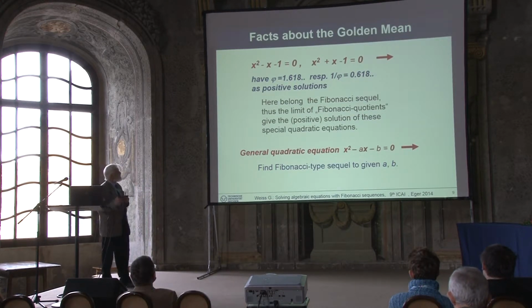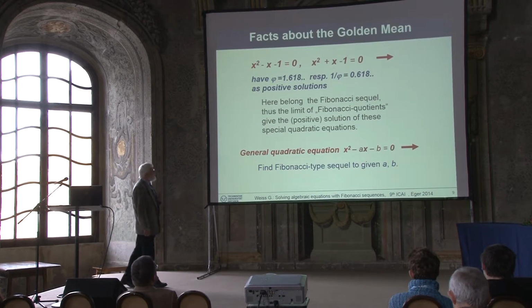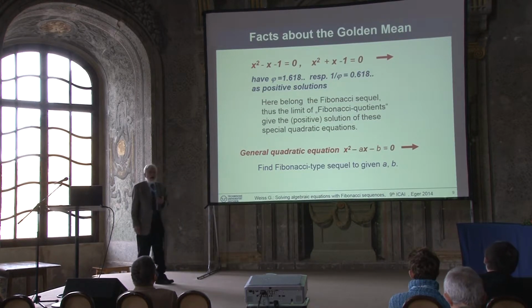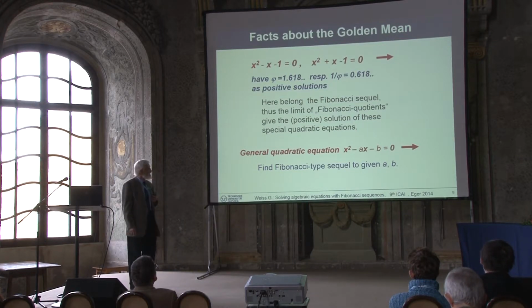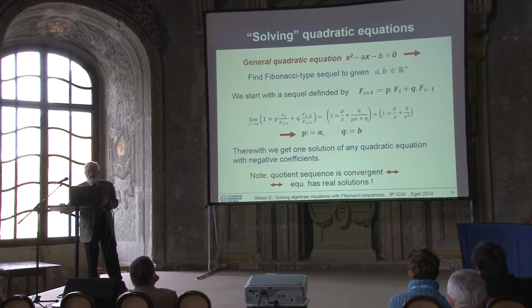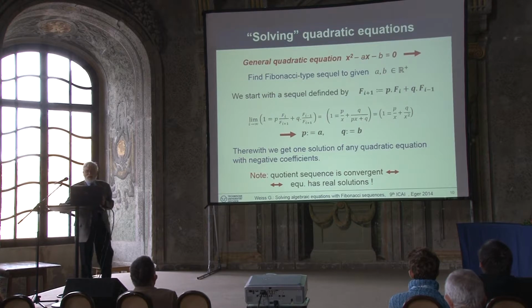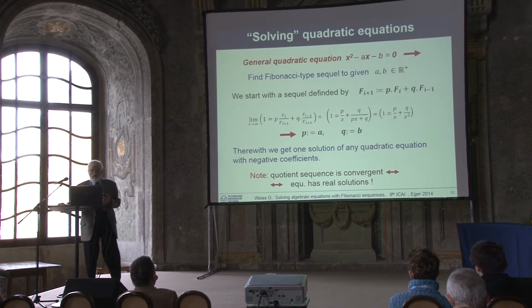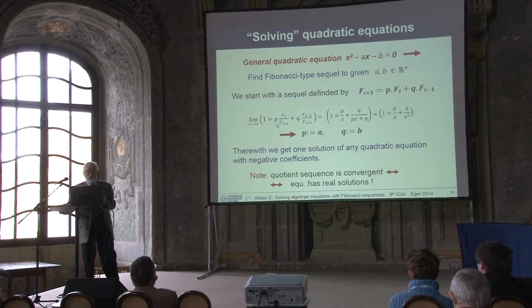Here belongs the Fibonacci sequence, but let us take a general quadratic equation and find a Fibonacci type sequence to those given a and b. And I think this works in the following manner. We start by putting just such a Fibonacci type sequence with coefficients p and q, and by comparing these, we calculate the quadratic equation to it.